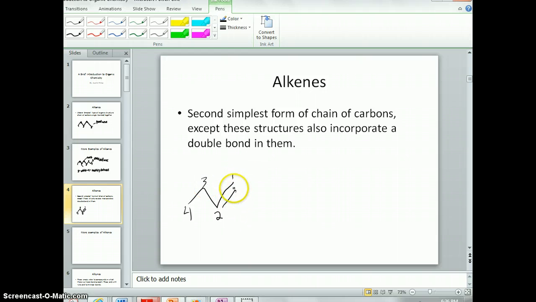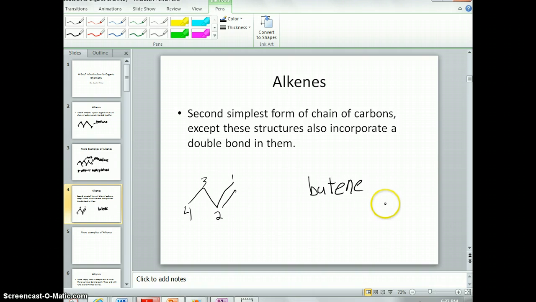So we really don't even have to take the 1 into account. Numbering 1, 2, 3, 4, we're looking at a root term of but. It would be ane if we had just single bonds, but we have this double bond to take into account, so ene is our ending here.